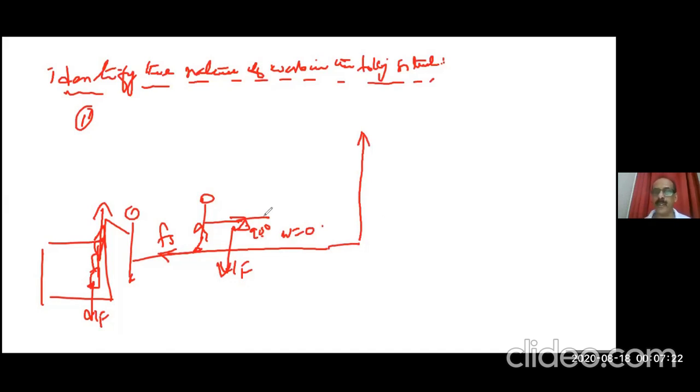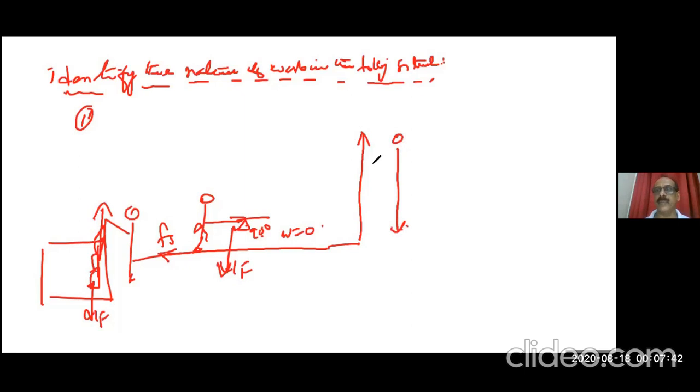Next part. When he climbs up, with respect to muscular force, work is positive. With respect to gravitational force, work is negative. Sir, is muscular force work negative? Positive, right?